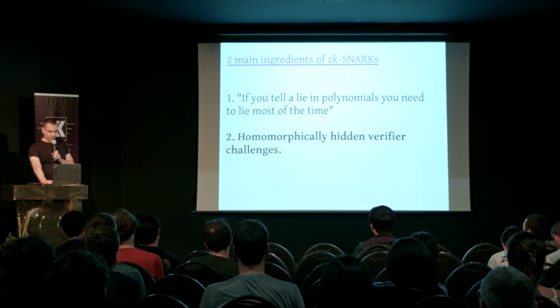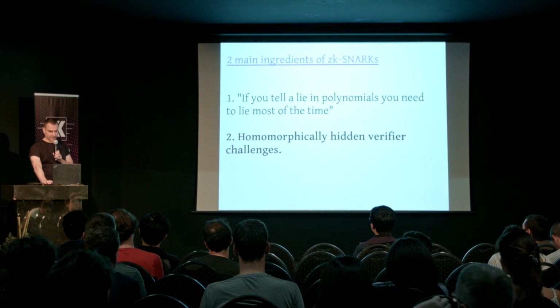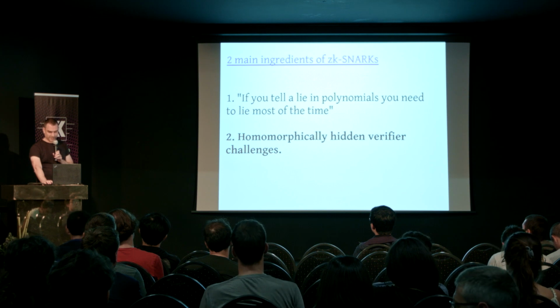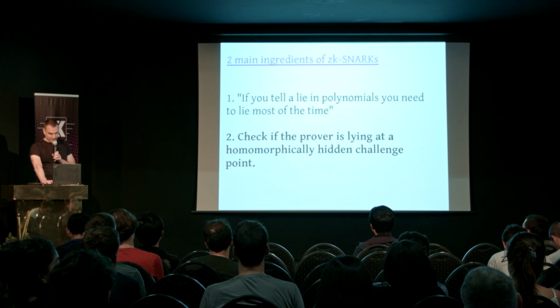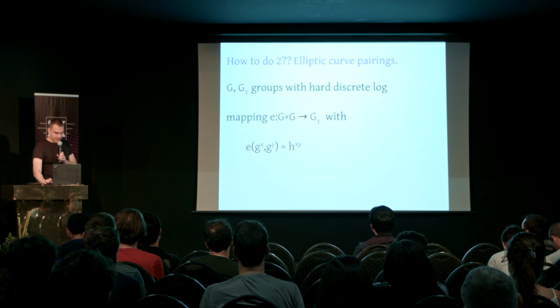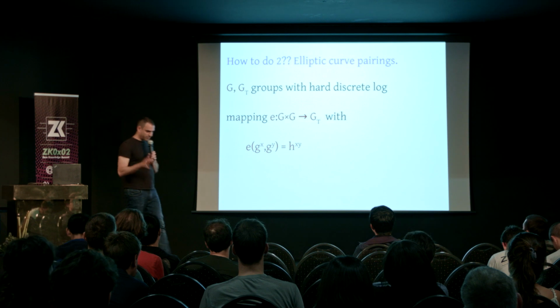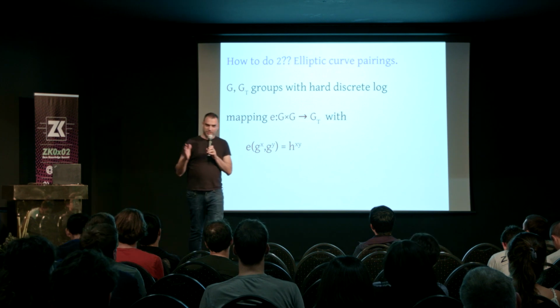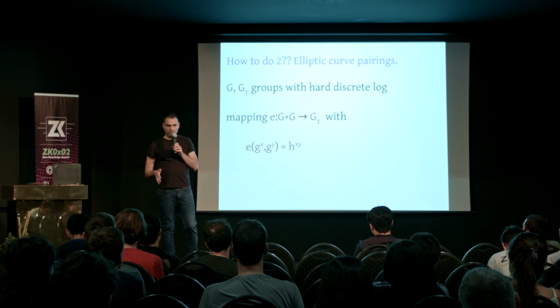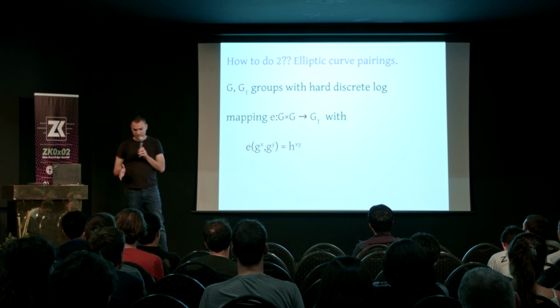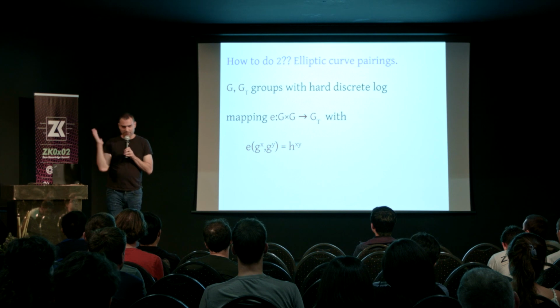I want to tell you one more thing. People call SNARKs moon math. So where's exactly the moon in the moon math? In my opinion, the real magic is in these things called elliptic curve pairings, which were developed by mathematicians who probably didn't know or care about cryptography.